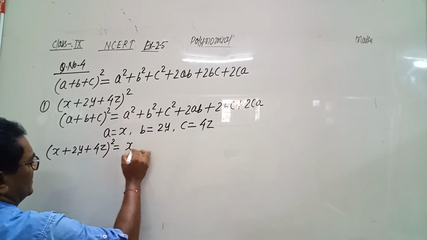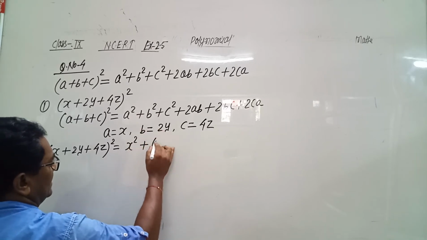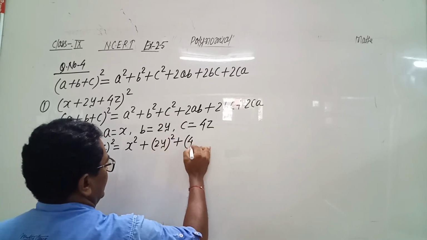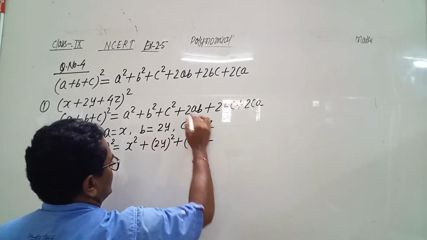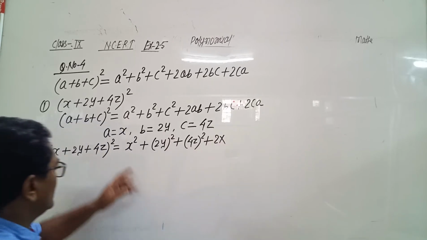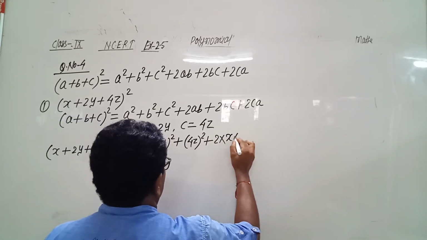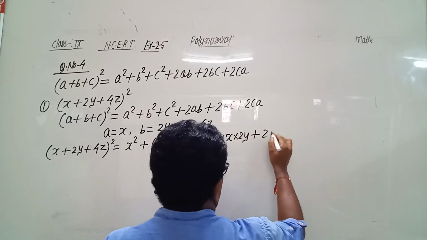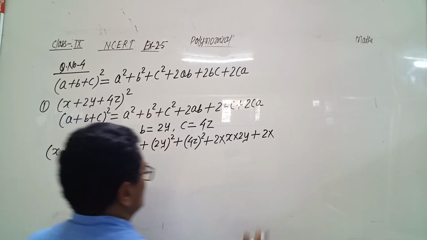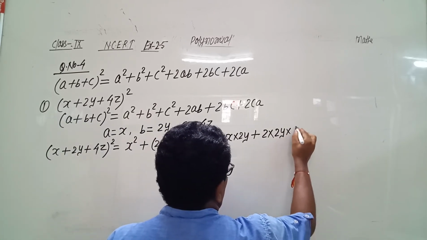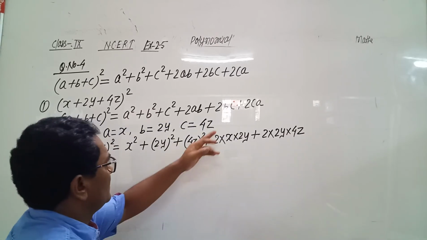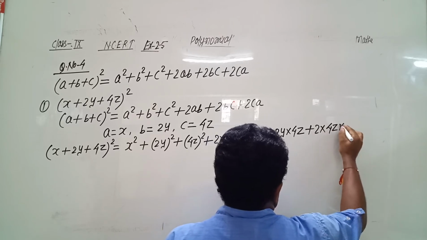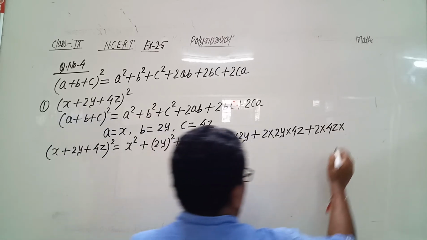So a square means x square, b square means 2y the whole square, c square means 4z the whole square, plus 2 into a into b, where a is x and b is 2y, plus 2bc, 2 into 2y into 4z, then plus 2ca, 2 into 4z into x.